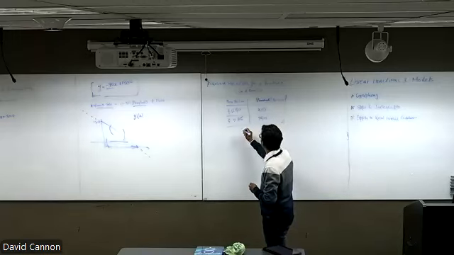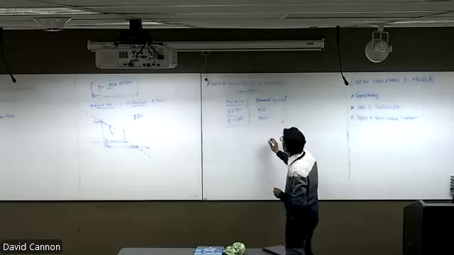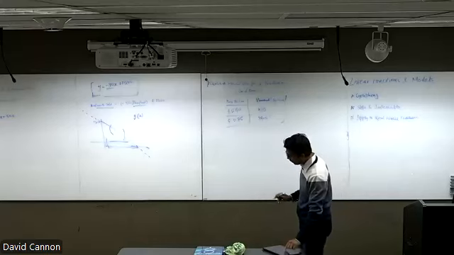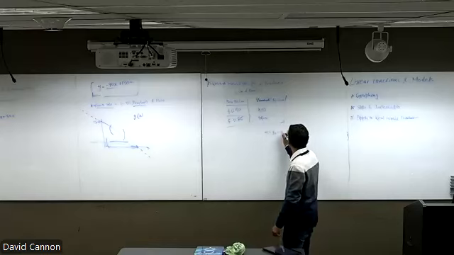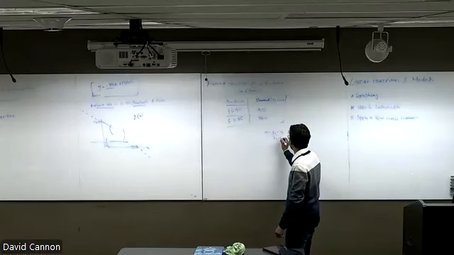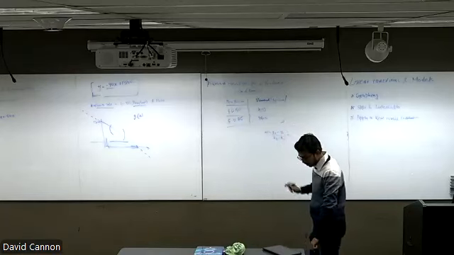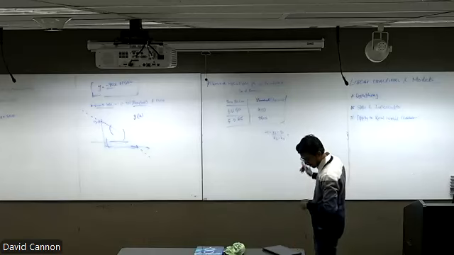So let's find the slope. m equals y2 minus y1 over x2 minus x1. How much is this? Can someone calculate this?